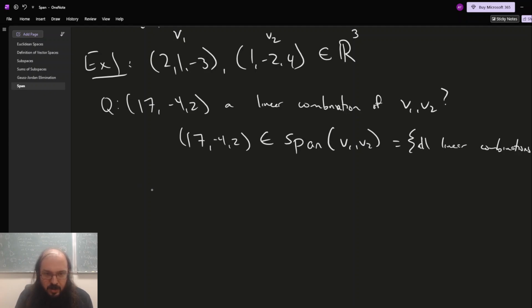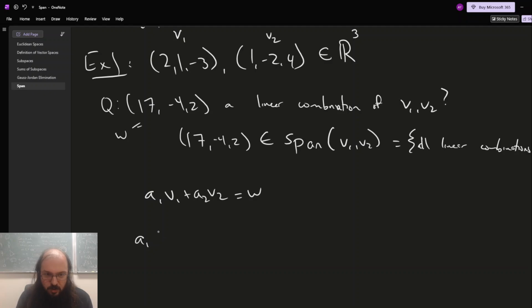Well, what we're asking is, is there some a1 and a2 such that, if I call this guy w, I can solve this, right? I can work out an a1 and a2 such that a1 v1 plus a2 v2 equals w. Well, what does that actually entail?